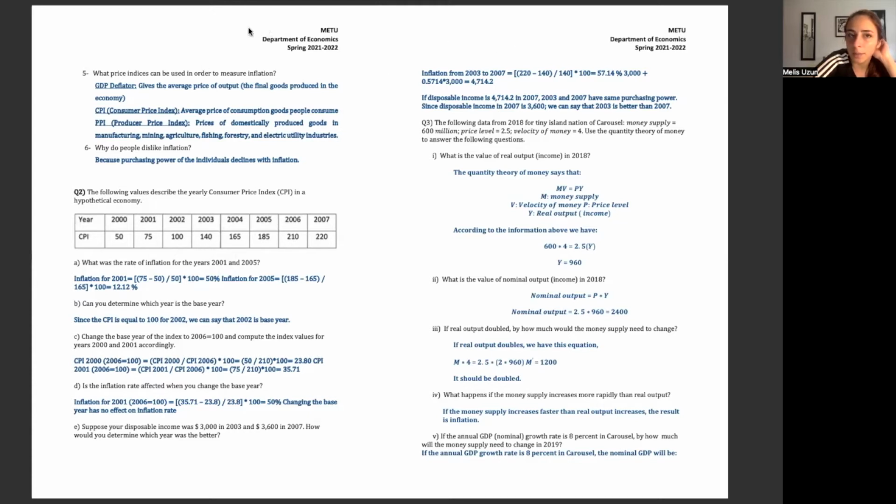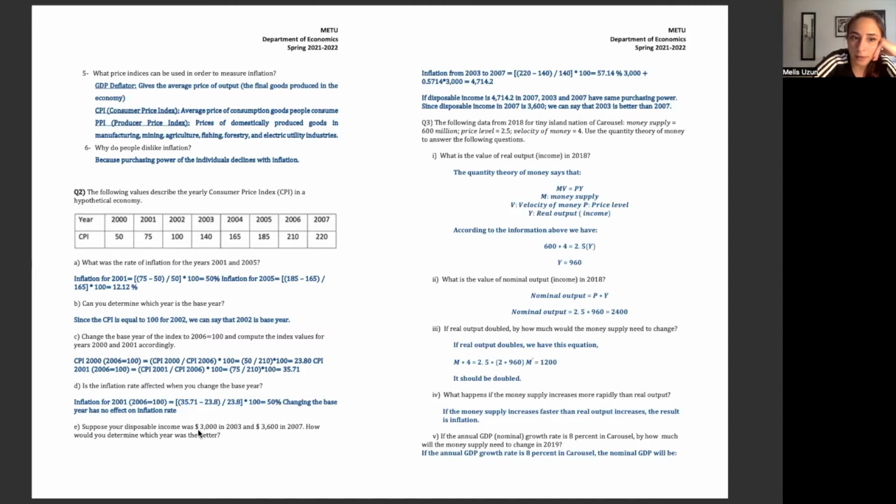So we subtract 2003's CPI out of 2007 and divide it by 2003 CPI and multiply it with 100. So we found out the inflation is 57.40%.